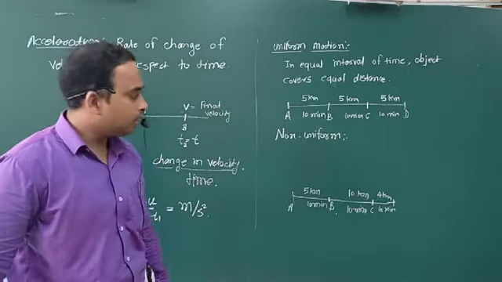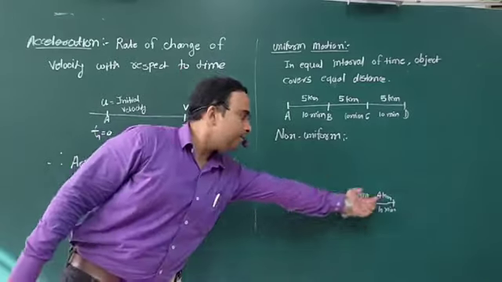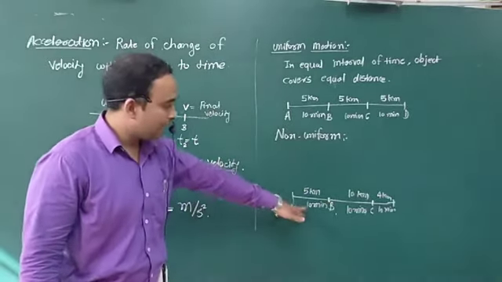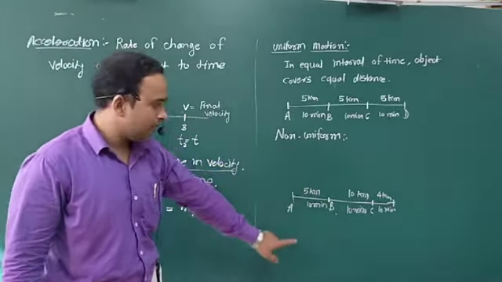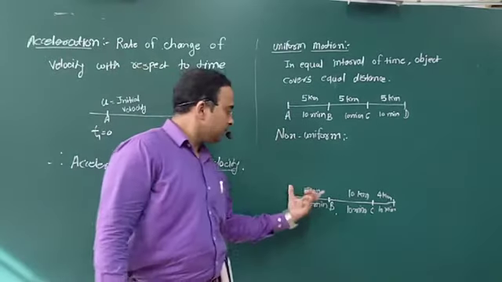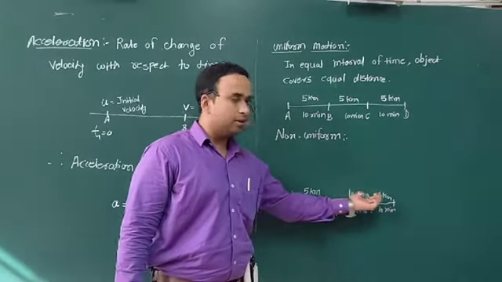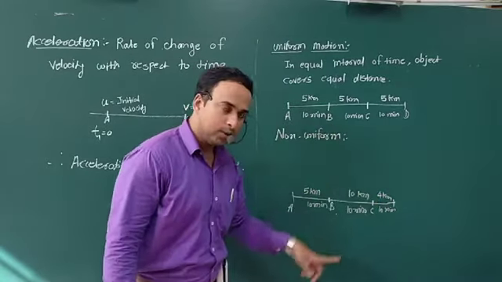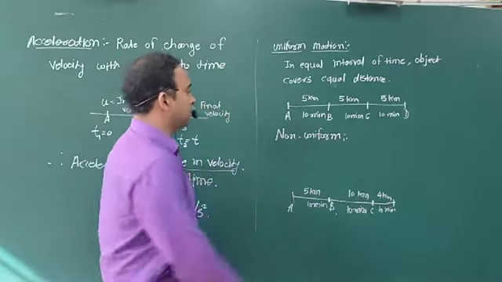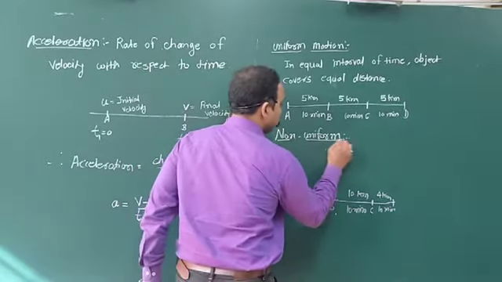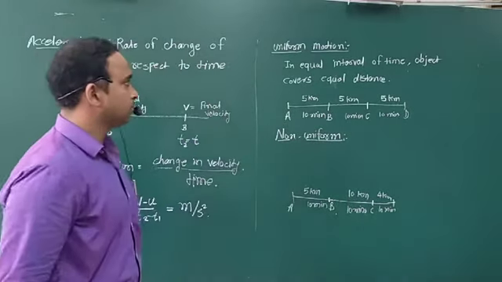Now, see here, the time interval is the same, but the distance covered by that particle is different. So that motion is known as non-uniform motion.